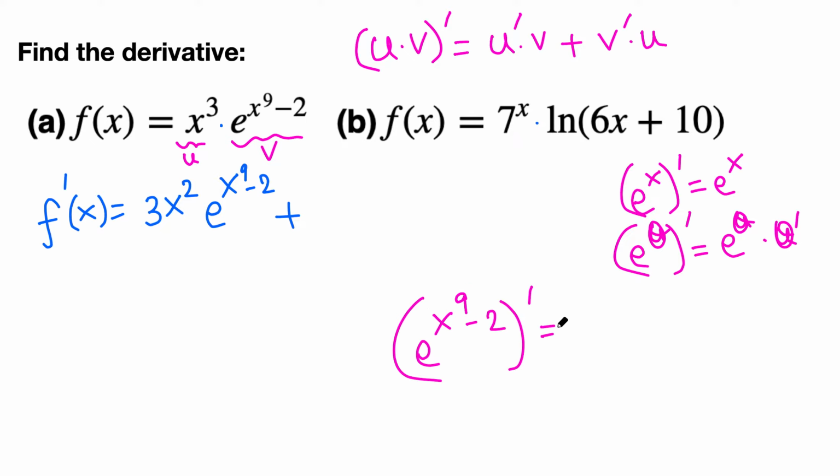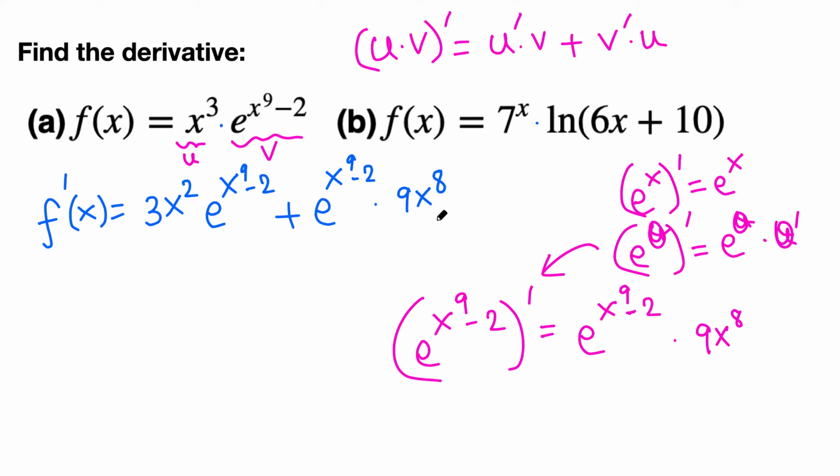When we find its derivative, I'm going to apply this rule. e to the something is just e to that thing times derivative of this exponent. x to the 9 means 9x to the 8, minus derivative of 2 is 0, so we don't have to write that. So 9x raised to 8 times this. Okay, so derivative of second factor is e raised to x to the 9th minus 2 times 9x to the 8.